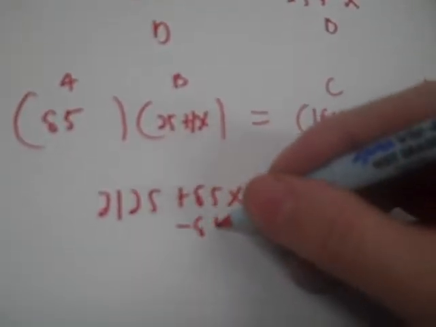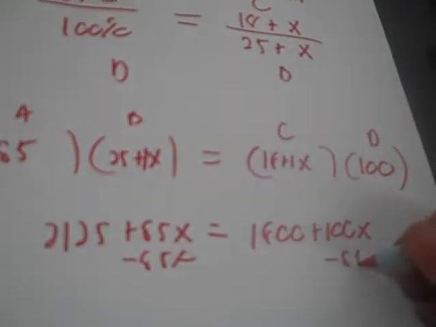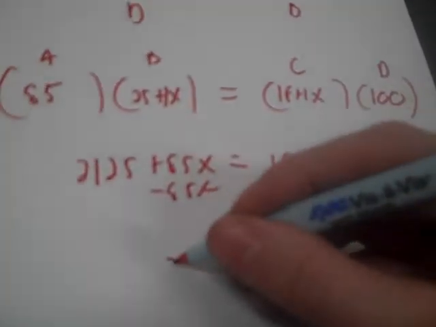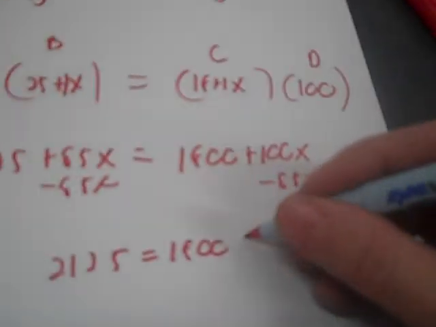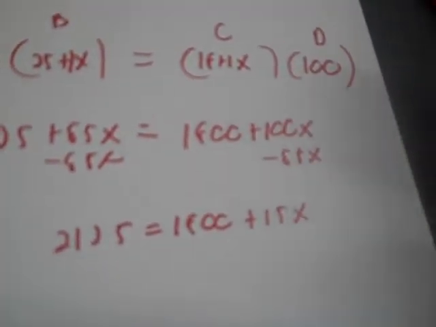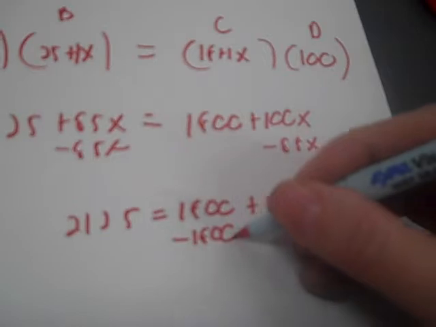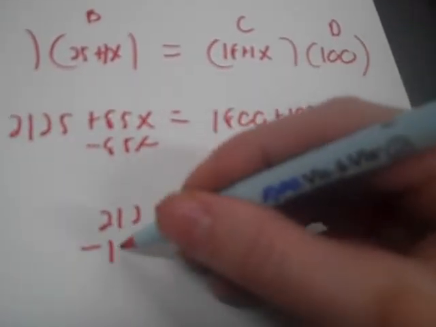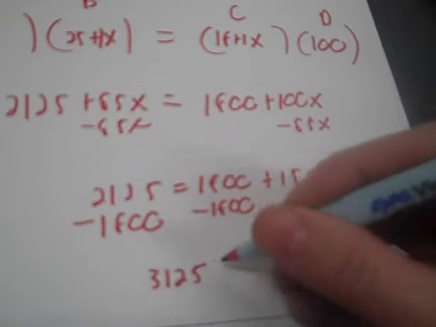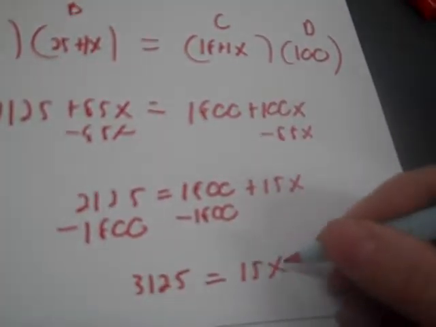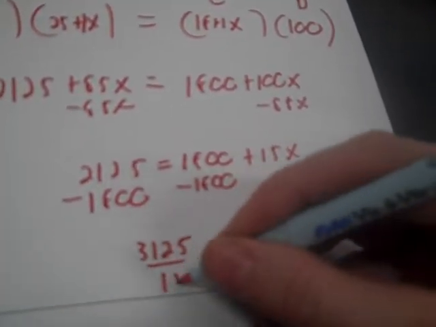So I subtract 85x, that's 15x, so 2125 equals 1800 plus 15x. So that's 325. And then we'll divide by 15. Okay, it's a pretty easy problem.